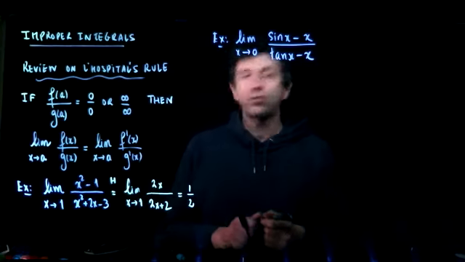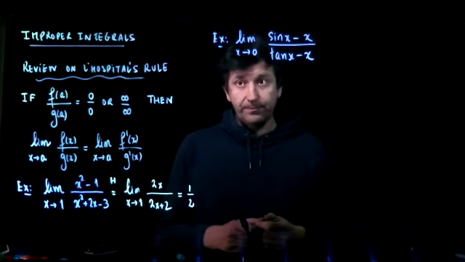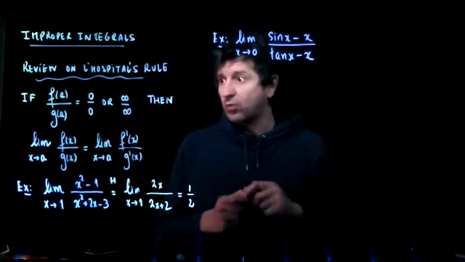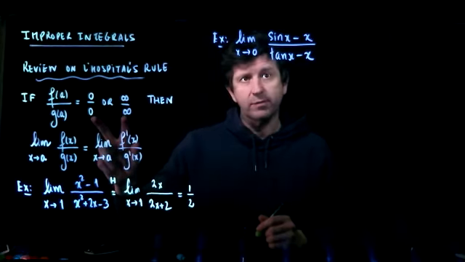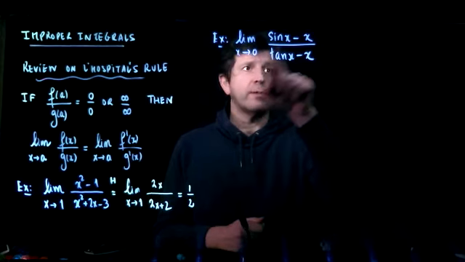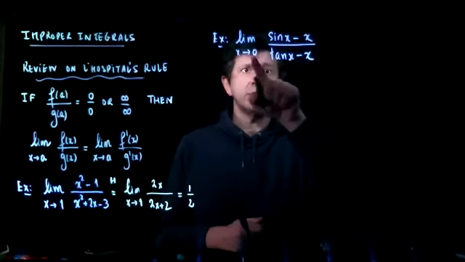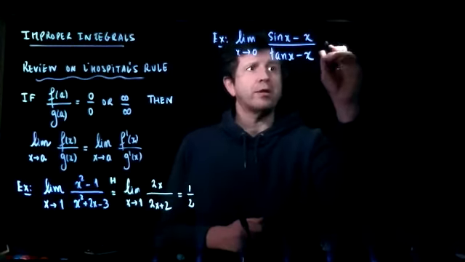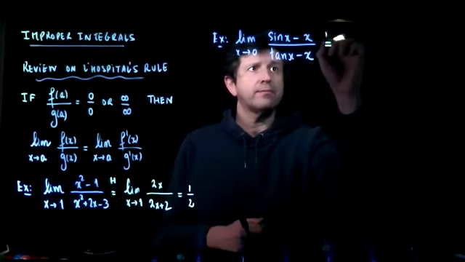So the first thing I do, of course, is check if I get one of these two undetermined forms. So if I plug in 0 on top, I get 0, 0 on the bottom, I get 0, so I could apply L'Hopital's rule right away.